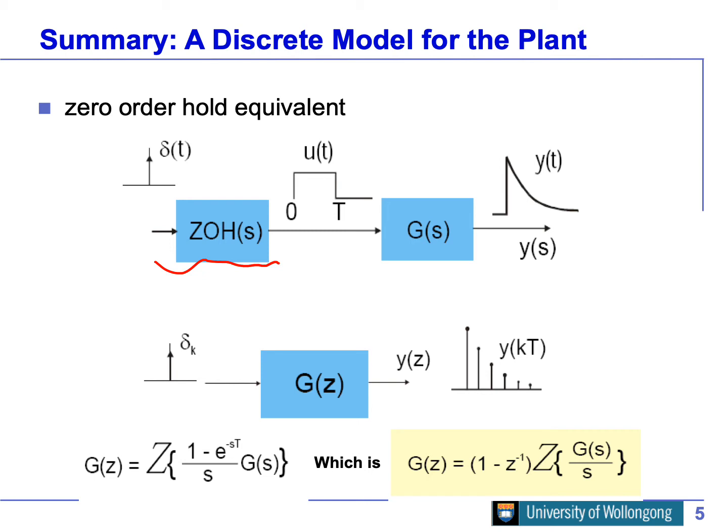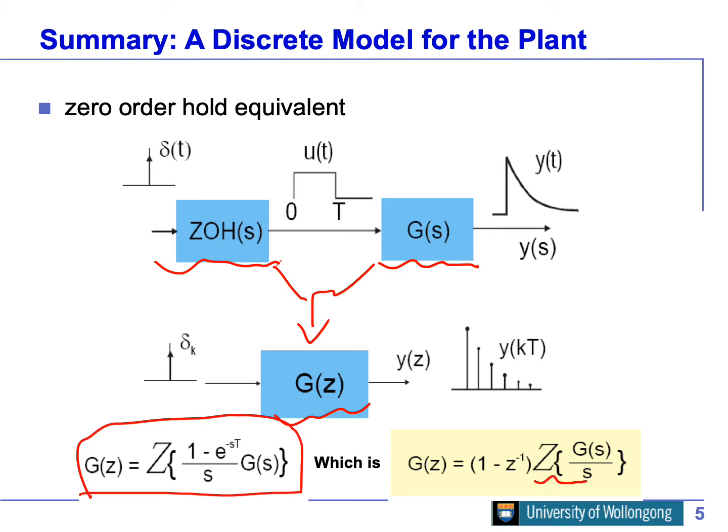And because the zero order hold is right before the plant, we combine these two together and get a discrete time Z domain transfer function for the overall system. So that's what we do.